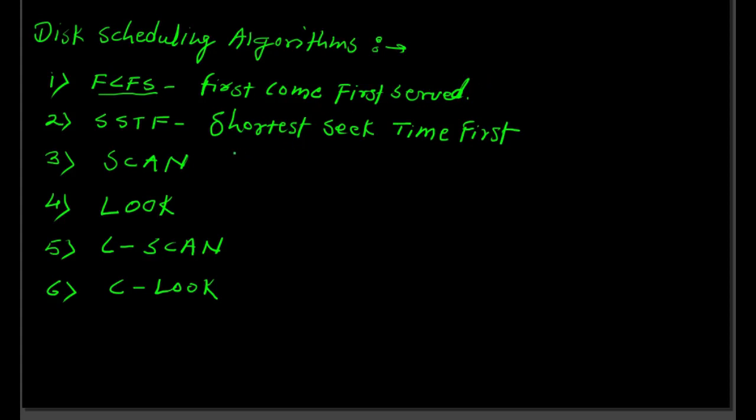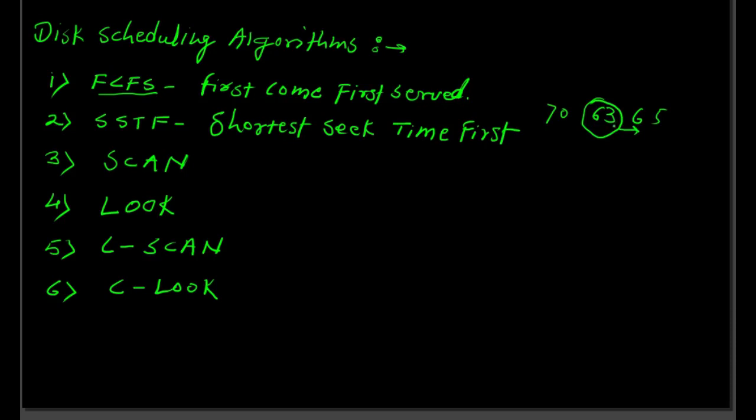Next is the shortest seek time first algorithm. For example, say the current disk position is at 63, and the next requests are, let us say, 65 and another request is 70. From the current position, 63, the nearest sector is sector number 65.